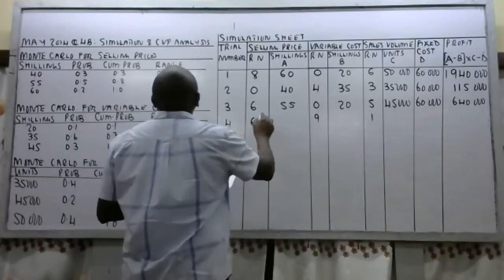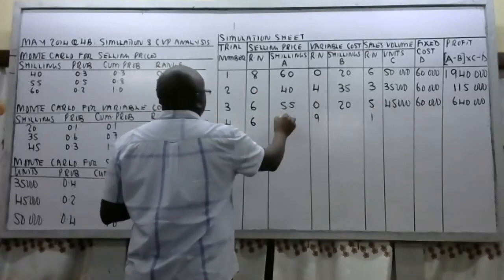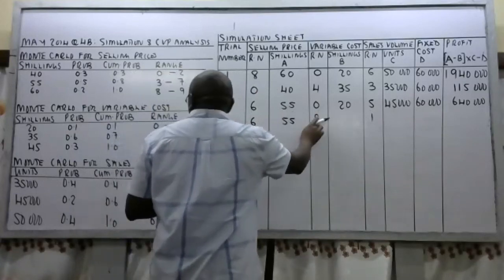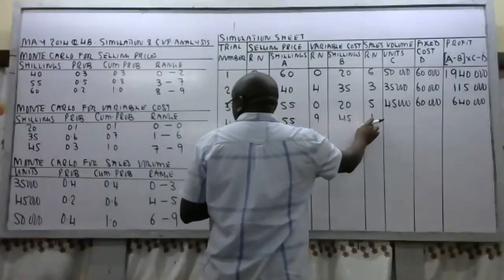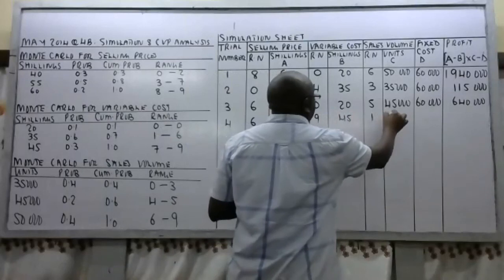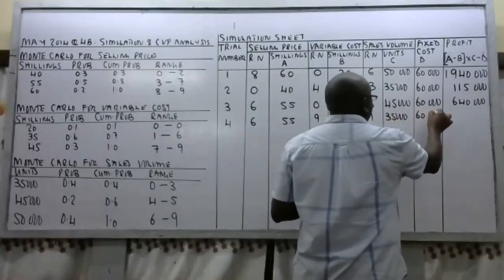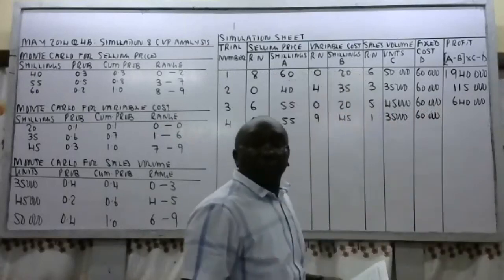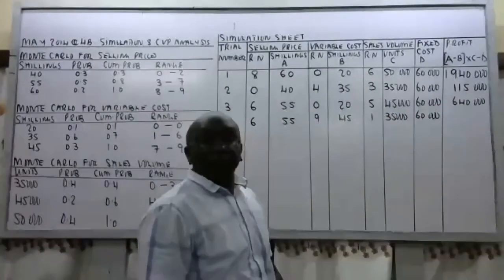So sasa 6 is giving me 55 here. 9 is giving me 45. And 1 is giving me 35,000. And the fixed cost is 60,000.